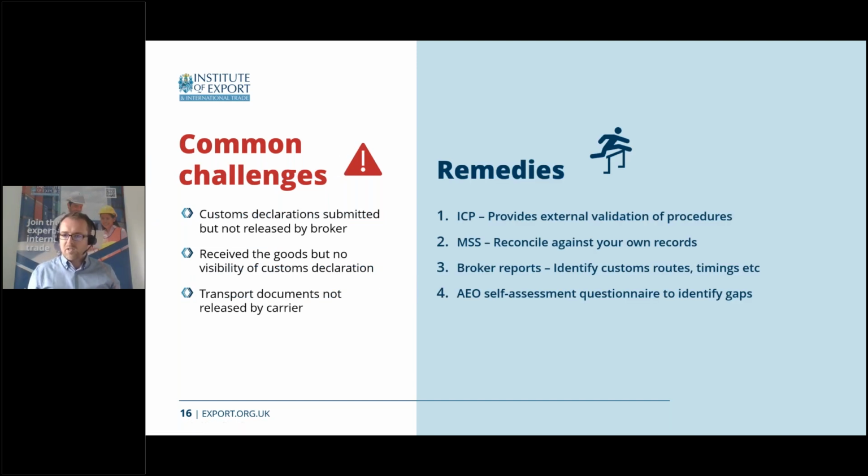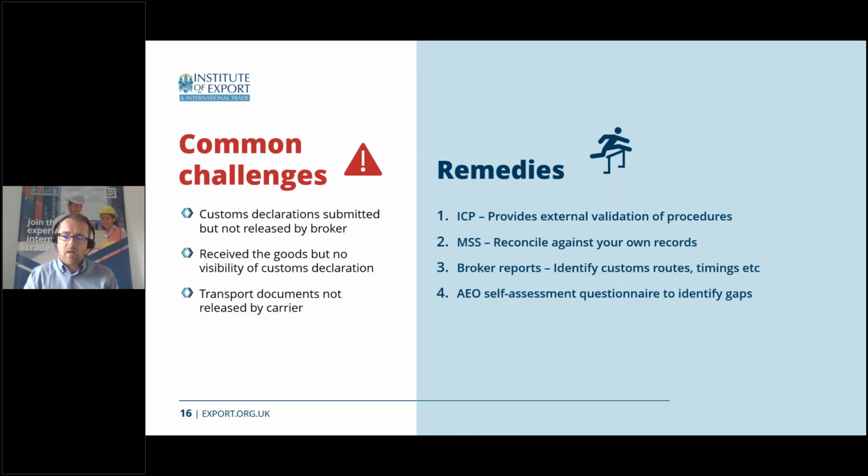I mentioned formalising the arrangements with the brokers and perhaps also with any additional parties where you've got access to certain forms of evidence. But an internal compliance program will be very helpful in ensuring that you've got not only your internal expectations documented and captured in those procedures, but you've got an external validation as well to confirm that, yes, this is actually going to help mitigate that risk, and you're going to have access to that evidence that you need to meet your VAT obligations, or to check the right amount of duty has been paid, or the goods have been classified in the right way.